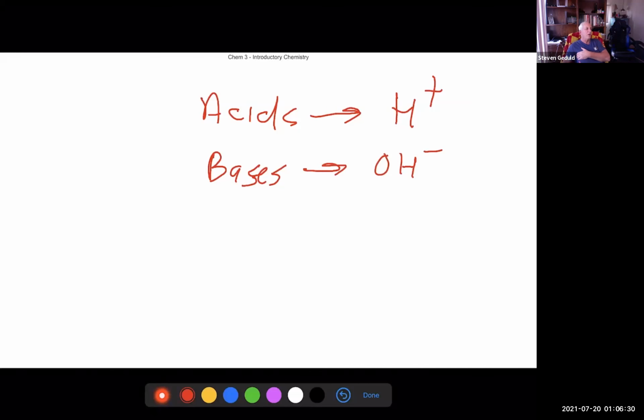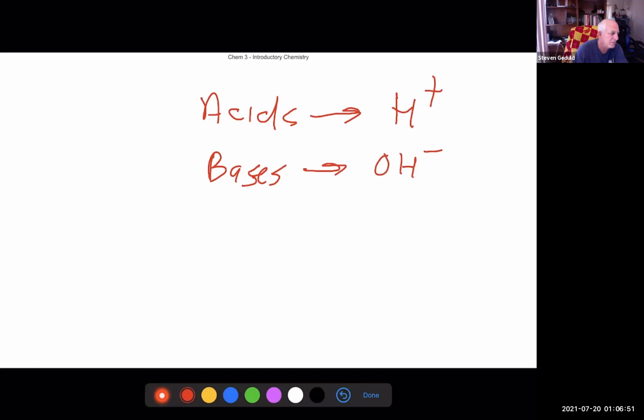So according to the Arrhenius definition, if it's an acid, it's going to donate H+ into solution. If it's a base, it's going to donate OH- into solution. So whenever we have a high concentration of H+, we're going to be very acidic. If we have a high concentration of OH-, we're going to be very basic.